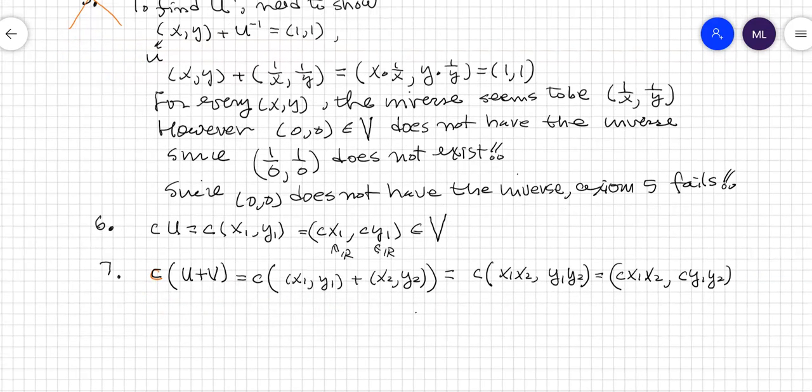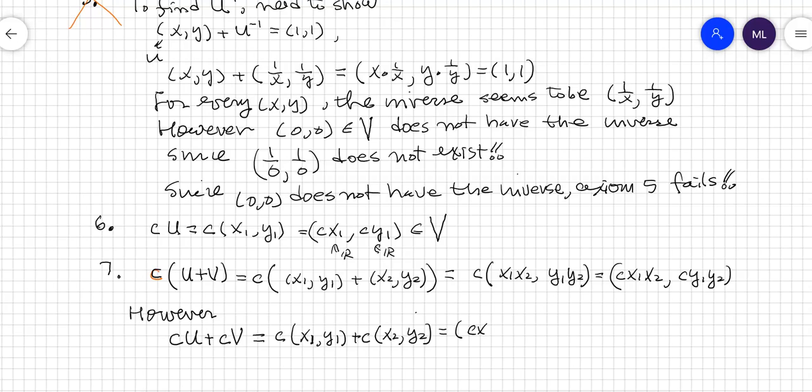However, what is cu plus cv, which is c(x1, y1) plus c(x2, y2), which is (cx1, cy1) plus (cx2, cy2)?